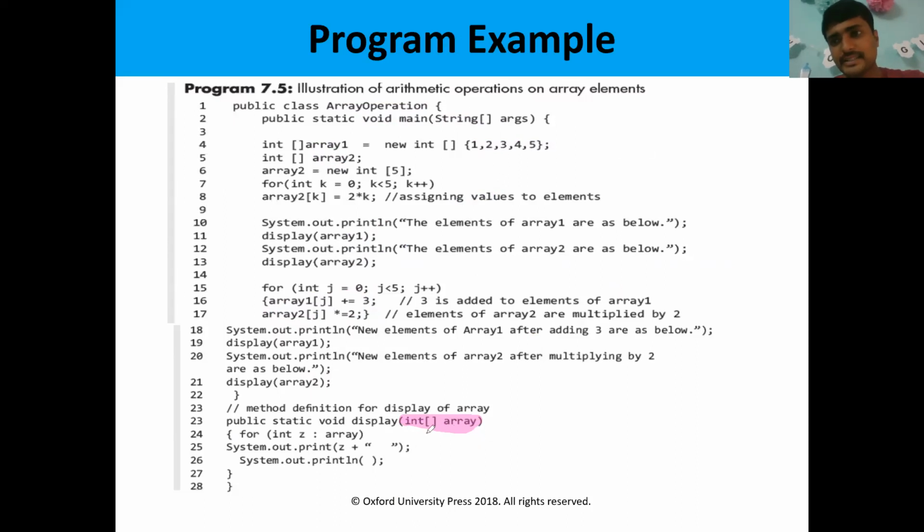But if you want to pass an array, that is possible in Java. Public static void display: within the parameters, we can pass the array, with the same data type, identifier name, and square braces.